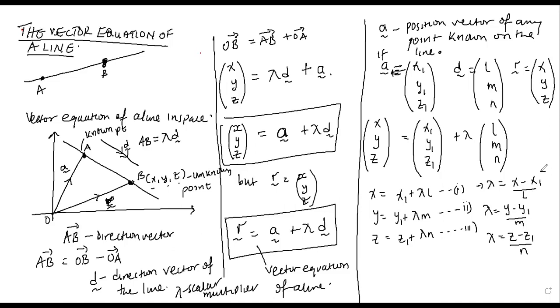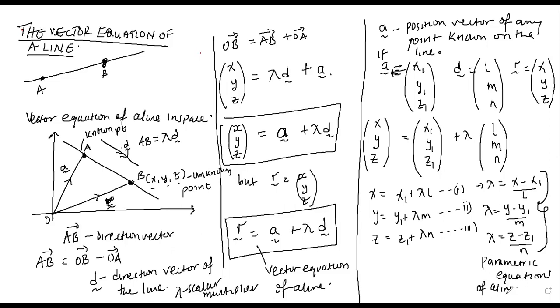All these three are called parametric equations of a line. So you can note that down.